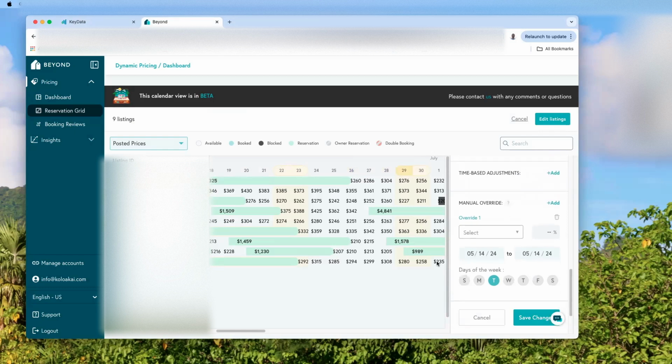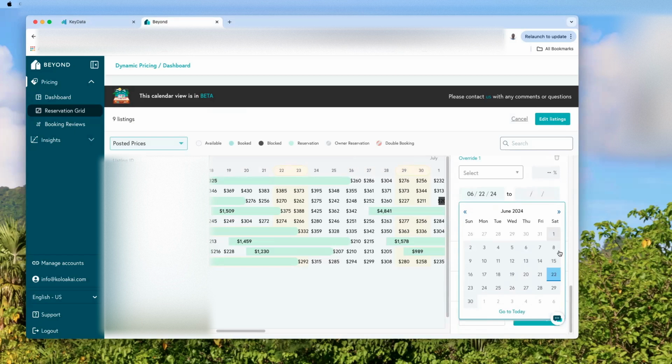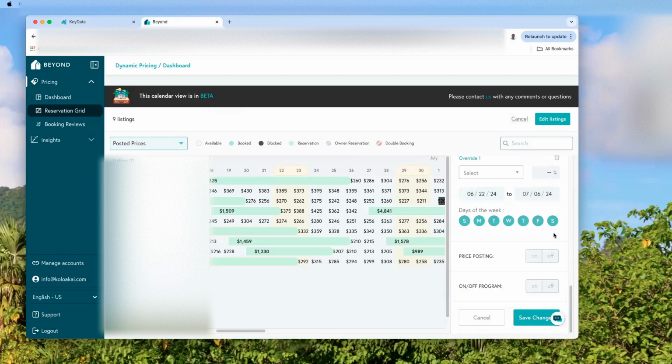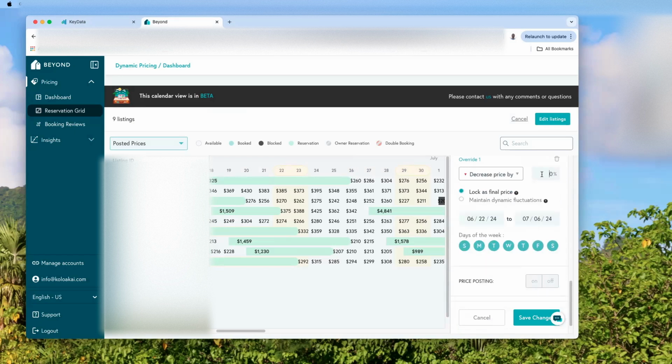So we can take this time frame from June 22nd through July 6th, and say we wanted to decrease the price by 5%. This will allow us to decrease the price in that area by 5%. We can still maintain the dynamic fluctuations. We're just taking that price and dropping it down a little bit, however much we think is important. And then if we were to hit save changes here, that would affect all of these properties during that time only in editing or adjusting those prices.